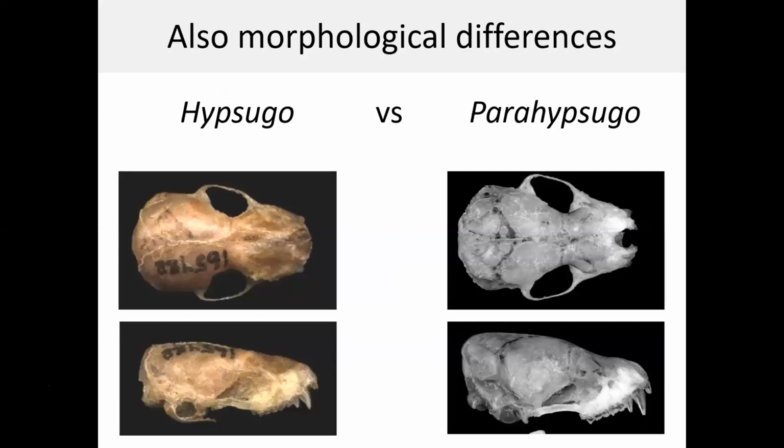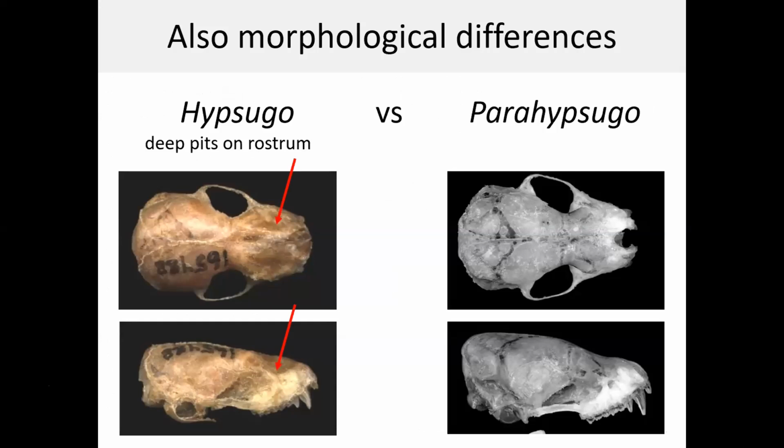There are also morphological differences. Just one morphological difference that I want to point out, a very obvious one in Hypsugo. This is very obvious if you have the skull in your hand. It's not obvious when you're looking at an image on a screen like this.